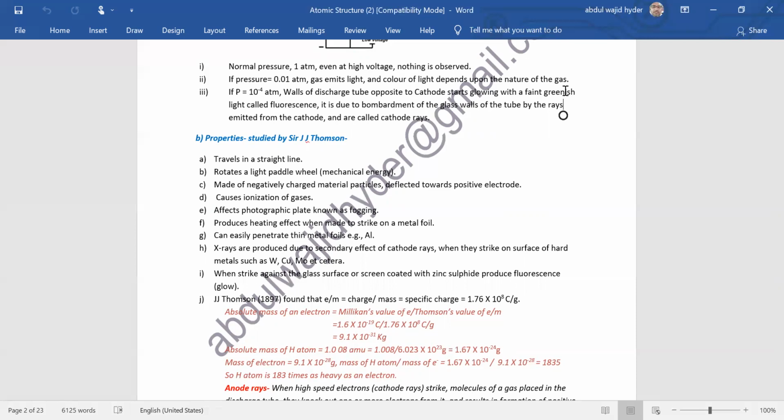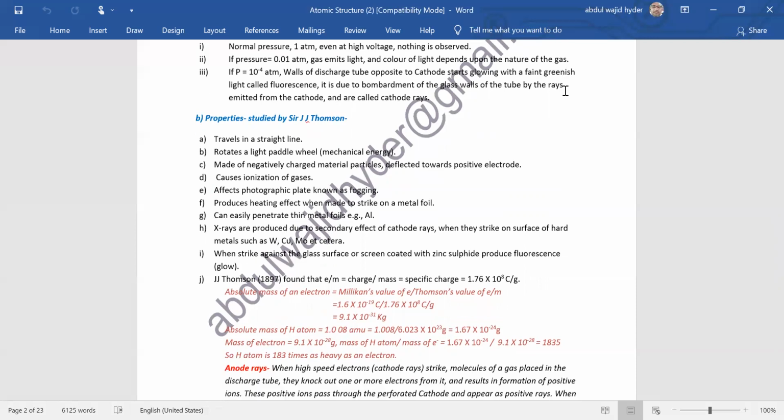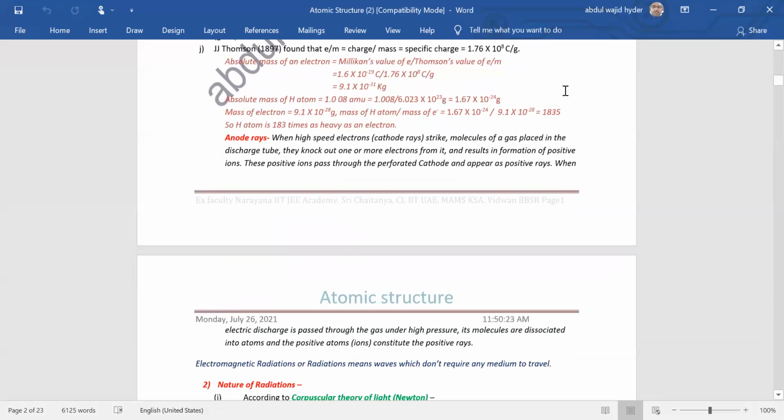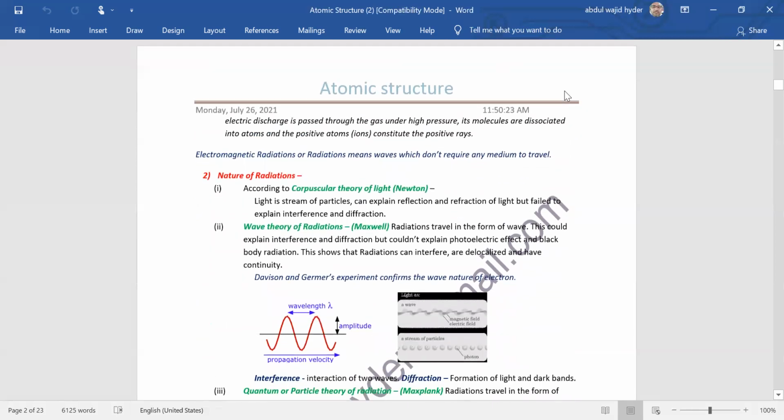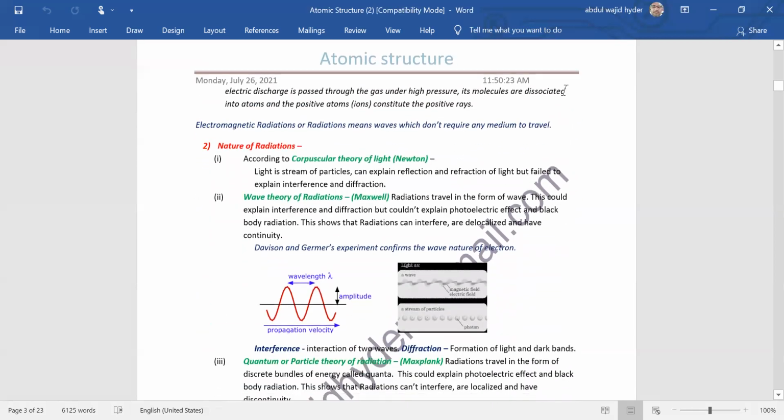So we discussed this all already there in our previous class, and we discussed about anode rays also, and now we'll be talking about nature of radiations.